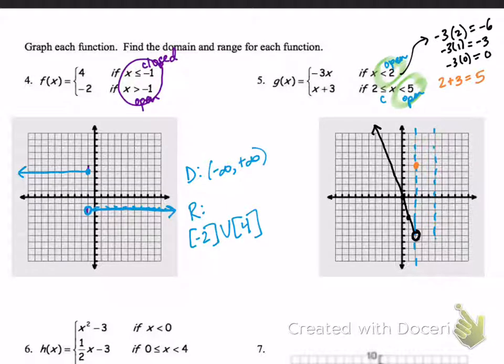Closed, because of this less than or equal to. So I have a closed circle. It is just a slope of 1, so it's like rise over run, 1 over 1, keeps going. But I can also plug in x equals 5. So 5 plus 3 gives me 8. So at x equals 5, I have an open circle at 8. And I connect the dots.